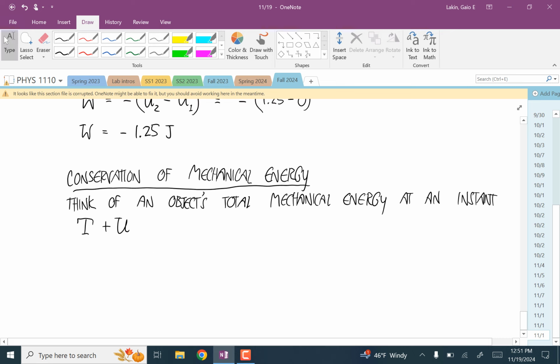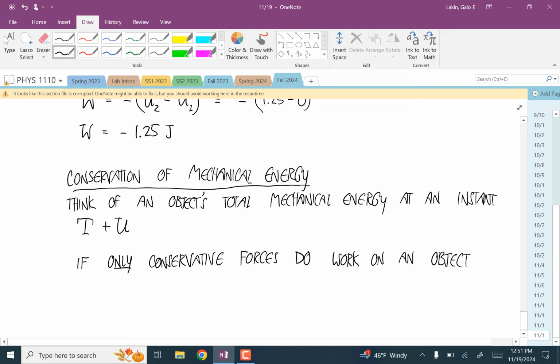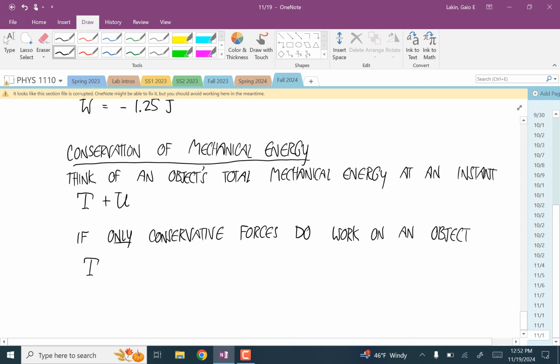And so the conservation of mechanical energy says if only conservative forces do work on an object, then the kinetic plus the potential energy at some instant 1 is equal to the kinetic plus the potential energy at some instant 2.